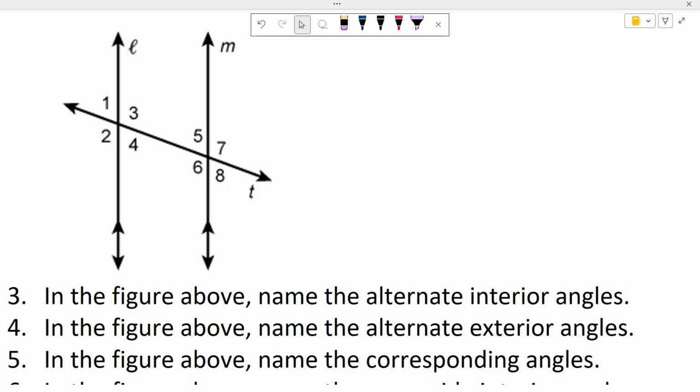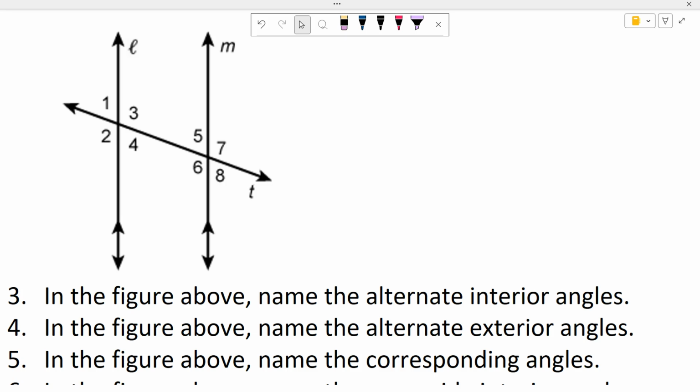No, that's alternate exterior. Interior, in between the two lines. 4 and 5 are one pair. What's the other pair that's in between the two lines? 3 and 6. 3 and 6 are alternate interior angles.